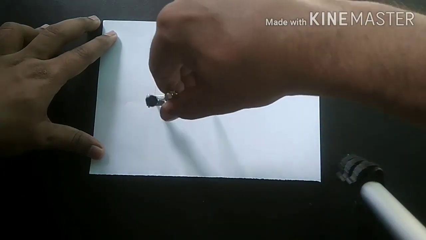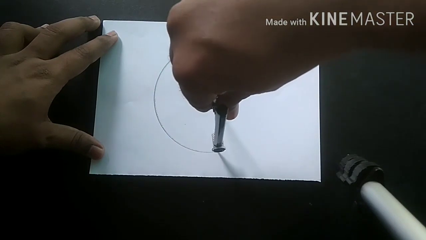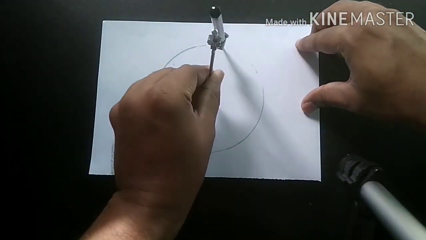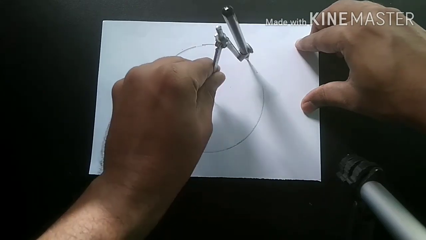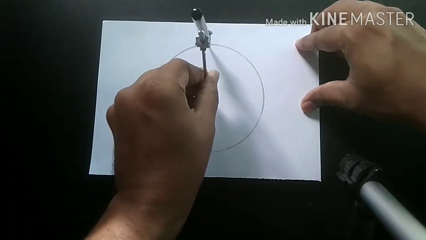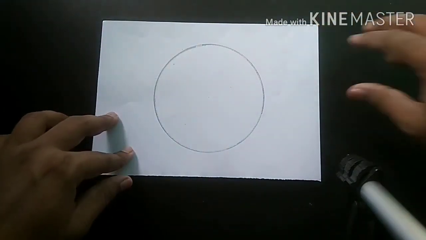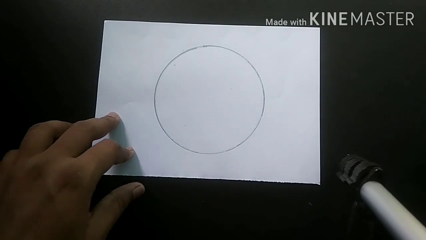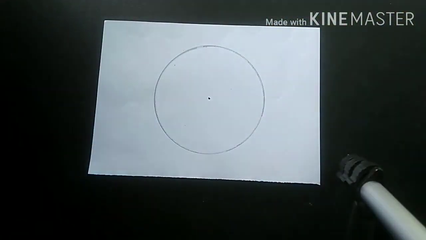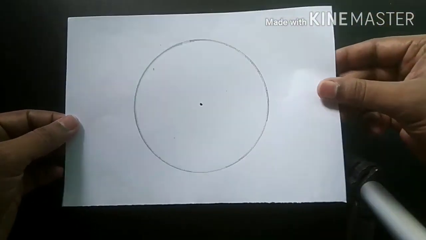Place the steel tip on the chosen point. Hold it in place and turn the pencil tip around it to trace a circle. Mark with a pencil the point at which you held the steel tip.